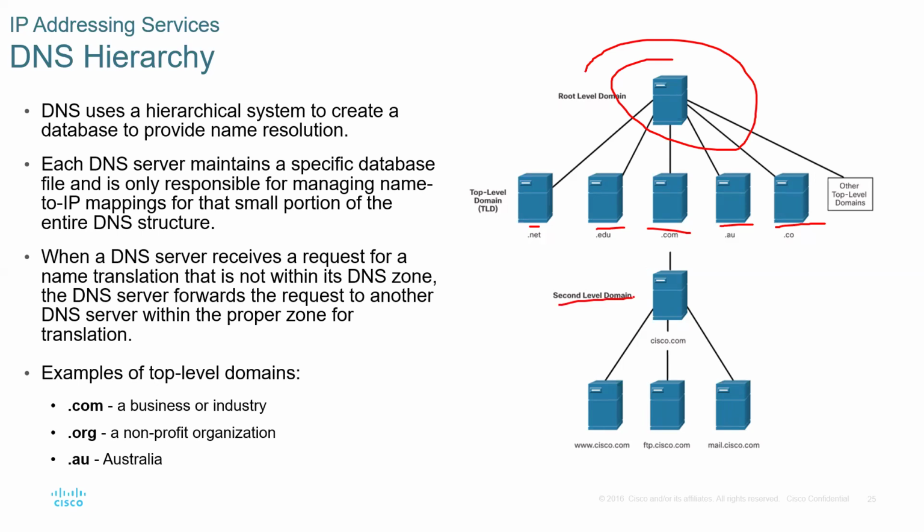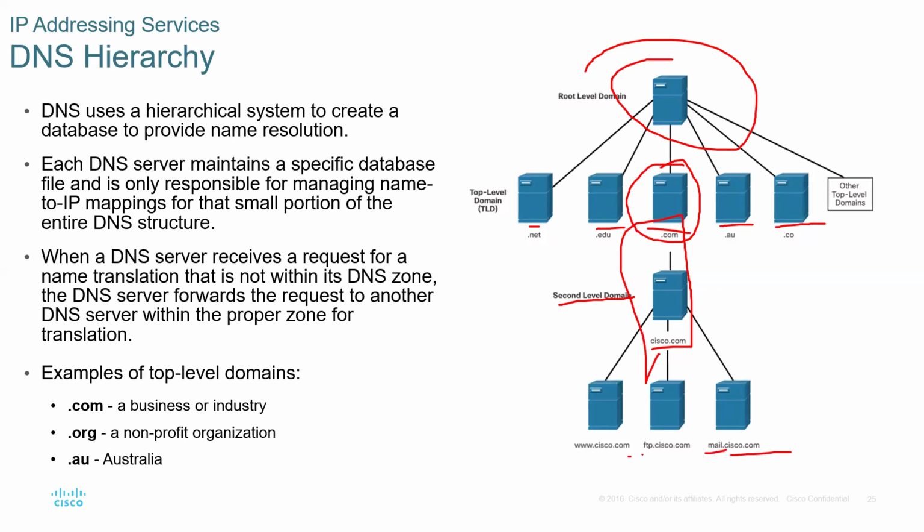And we call them the second level domain name. In the second level domain name, assuming your primary domain name is .com, let's say mbte.com, then you can have a subdomain name, let's say cisco.com. Then under cisco.com, you can have mail.cisco.com.